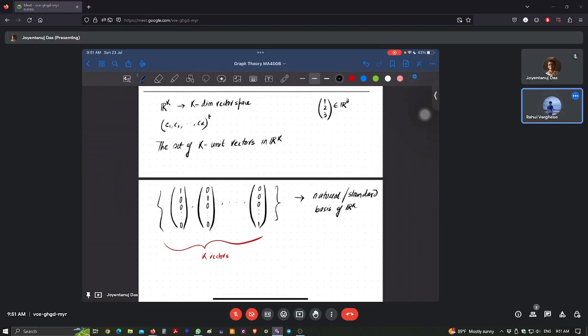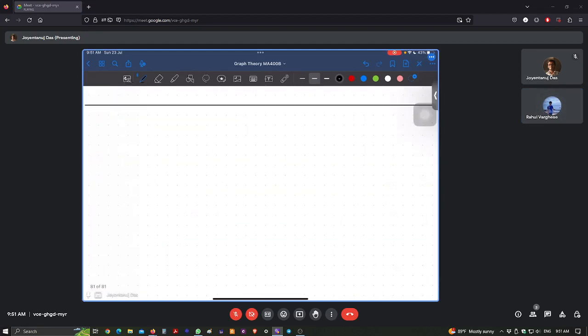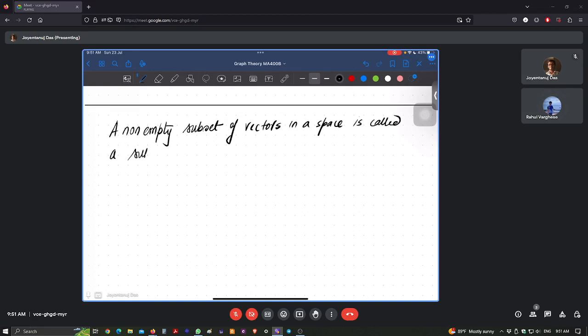So next we will learn what is a subspace of a vector space. A non-empty subset of vectors in a space is called a subspace if the subset satisfies the axioms of the vector space.